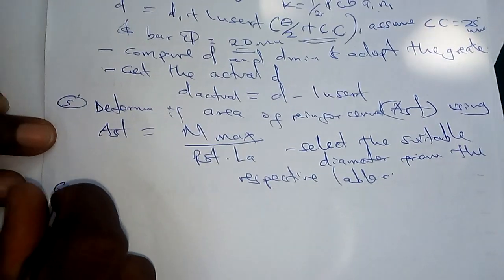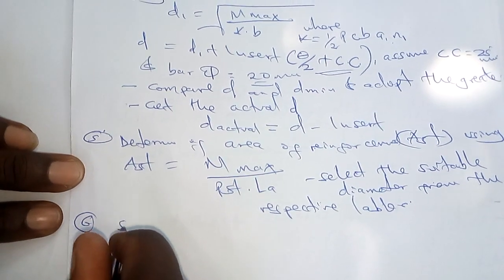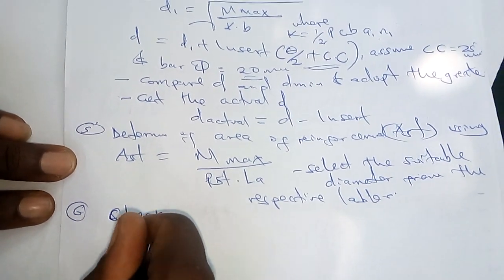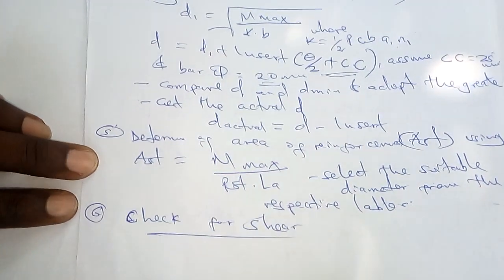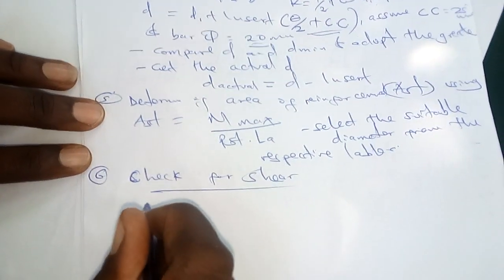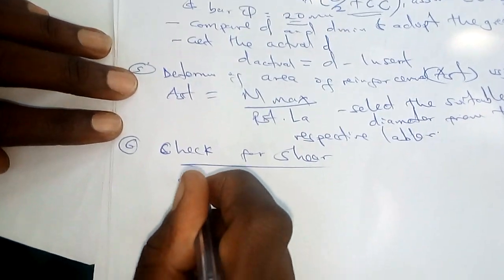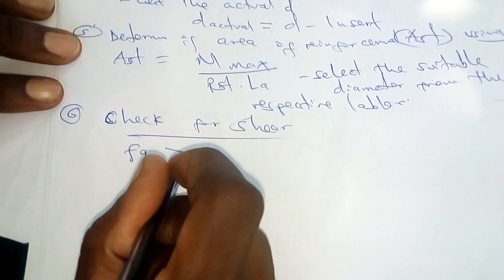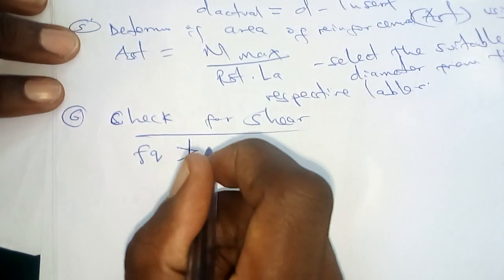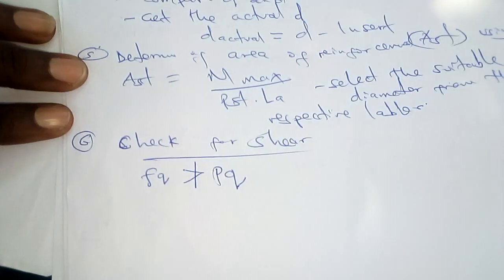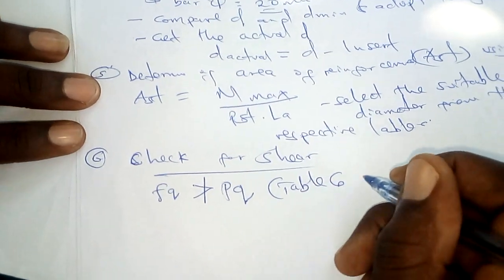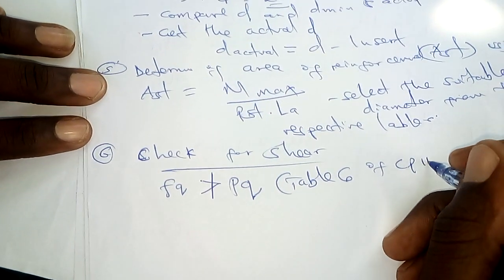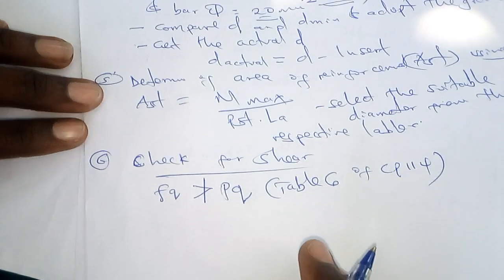Now number 6, you will check for shear. Normally we say the calculated shear Q should not be greater than the permissible shear. That is from table 6 of CP114, which I'm going to show you.